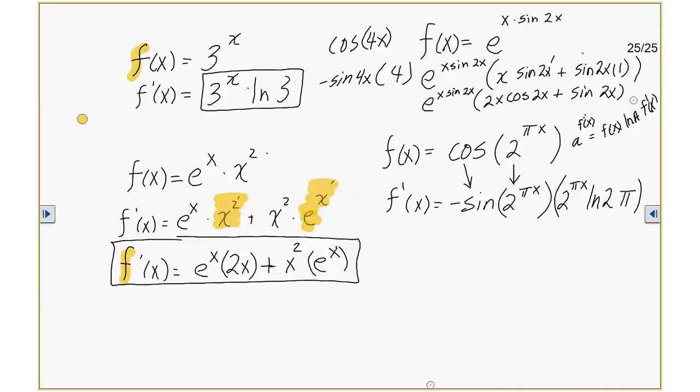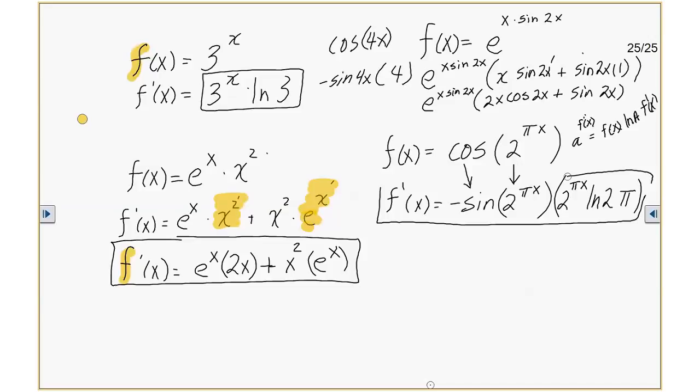What's the derivative of 3x? What's the derivative of 3x? 3. So what's the derivative of pi times x? Pi. So that's your answer. And you can clean it up.